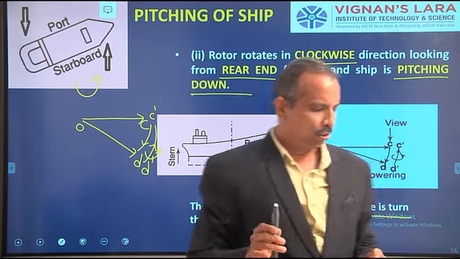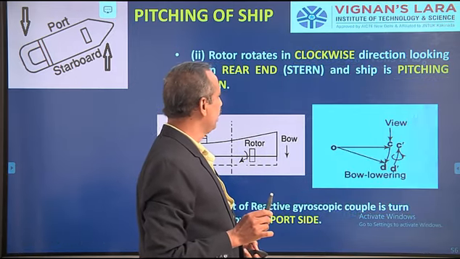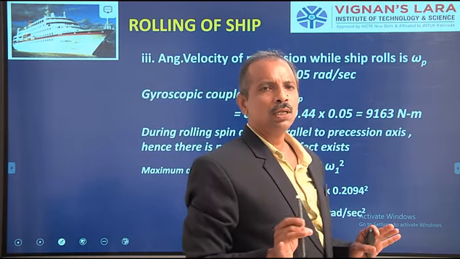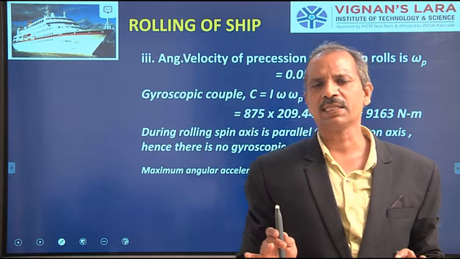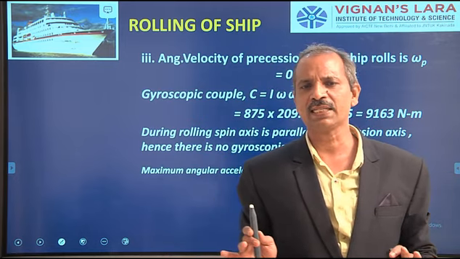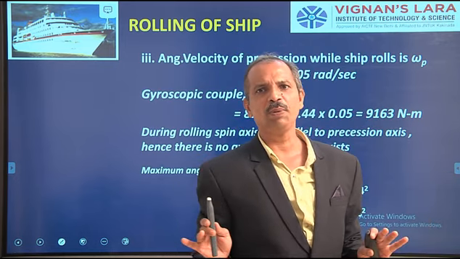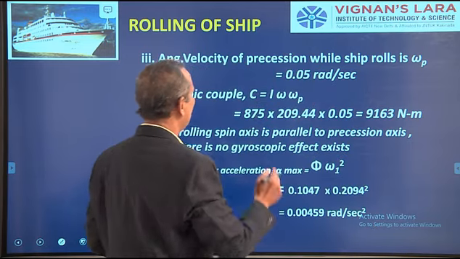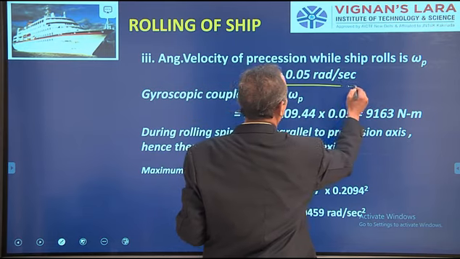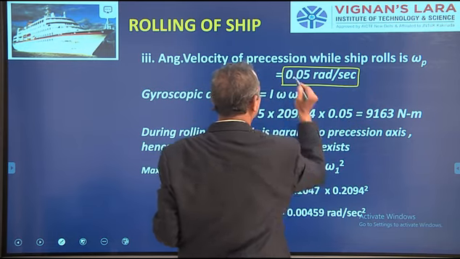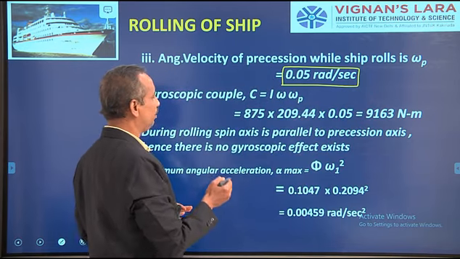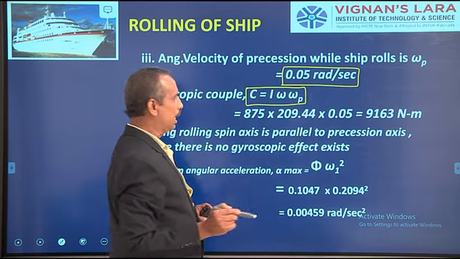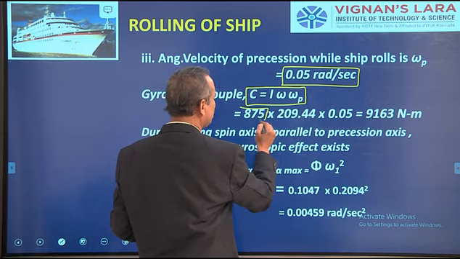Okay, so finally the rolling case. In rolling case, it's very simple. The spin axis is parallel to the precession axis, so there is no gyroscopic effect, but the gyroscopic couple magnitude will be there. He has given omega p value in the rolling case. Then gyroscopic couple is the same formula, I omega omega p, and I and omega will not change in any case.